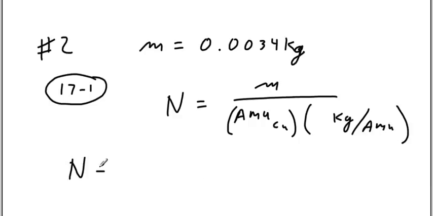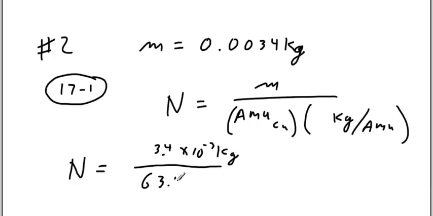So the number of atoms, our mass, 3.4 times 10 to the minus third kilograms. We look in the back cover of the book and we see that copper weighs 63.546, so we'll round it off to 63.5 atomic mass units.